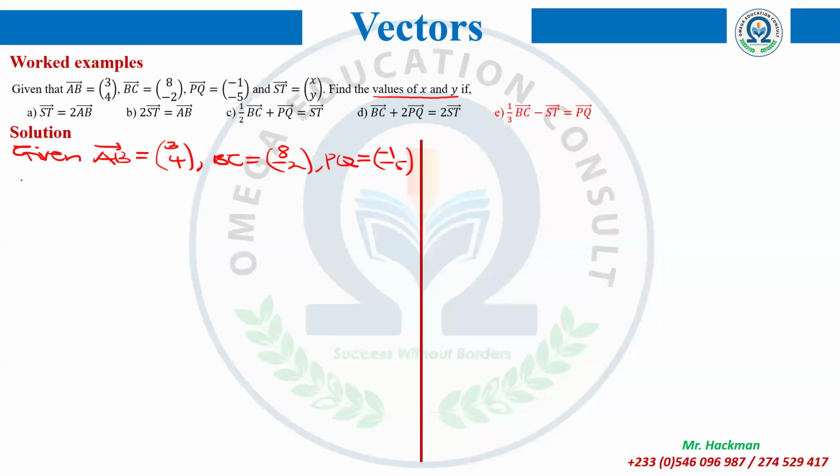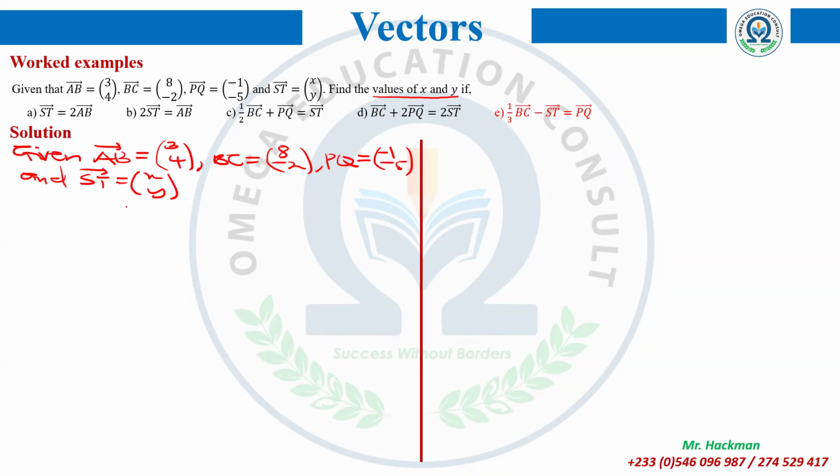And our last vector, you can use a comma; I've told you that in math, a comma could also mean "and". The ST vector with the component (X, Y).